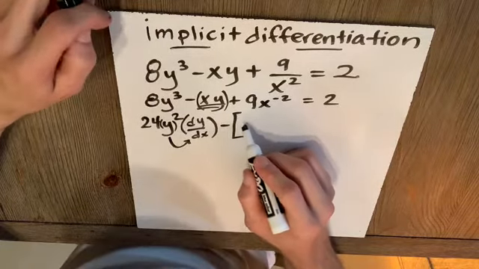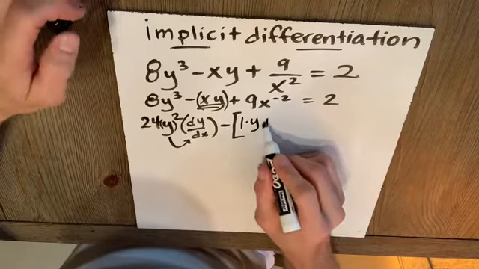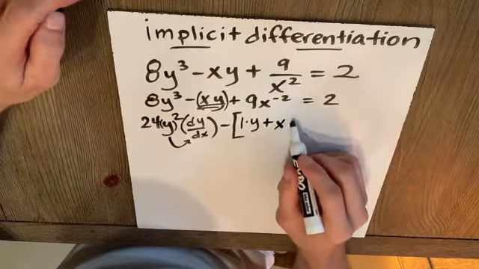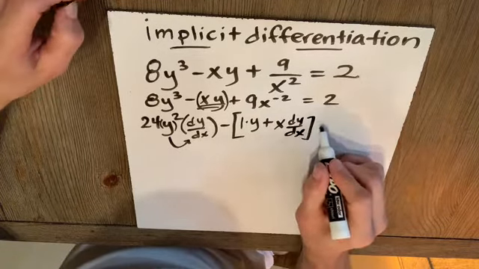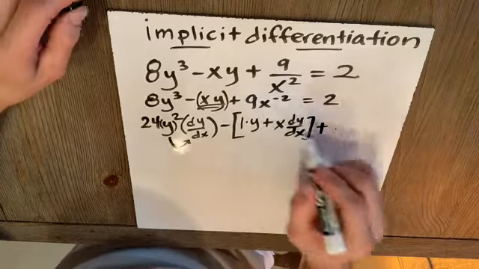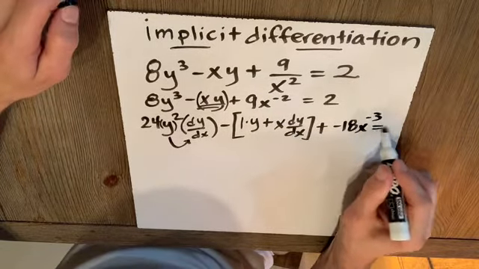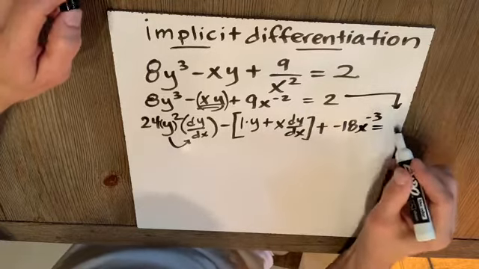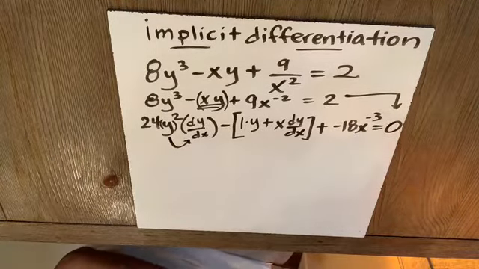Product rule, derivative of the first, 1, times the second, y, plus the first, x, times the derivative of the second, dy/dx, plus, multiply and subtract, negative 18x to the negative 3 equals, derivative of a constant will be 0. So that takes a little bit of thinking to get to this point.